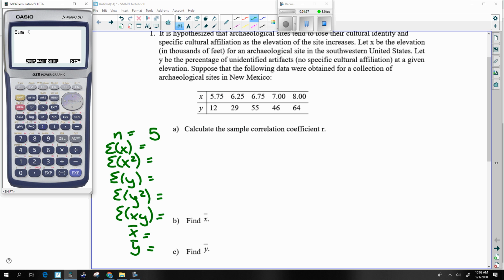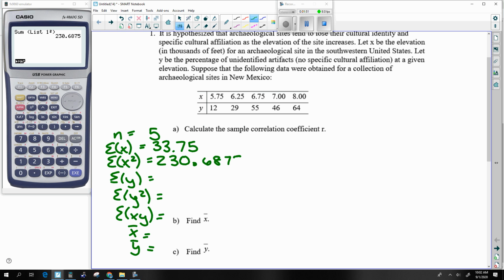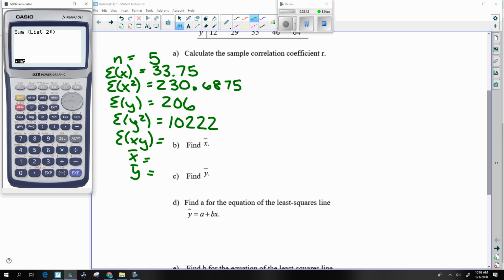So I begin with the sum of x squared, y squared, xy, and x bar, which is the sum of x, so that's 3375 divided by 5.